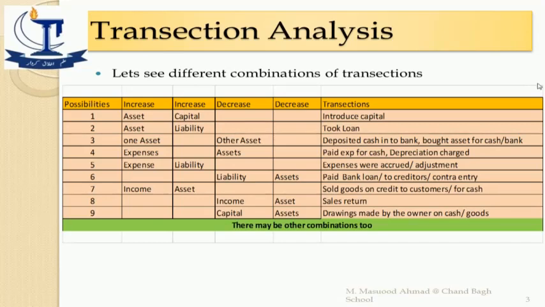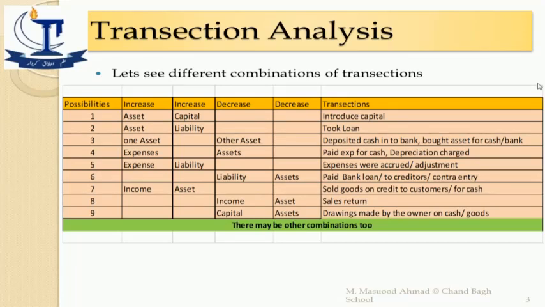That is an example where one thing increases and the other decreases. In the same way, if you bought some assets by cash, your asset will increase, and at the same time your other asset, cash or bank, decreases.